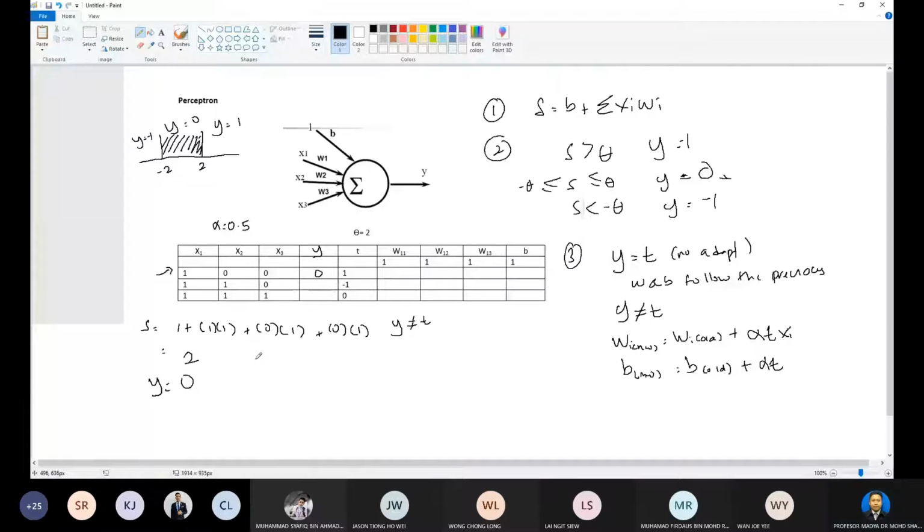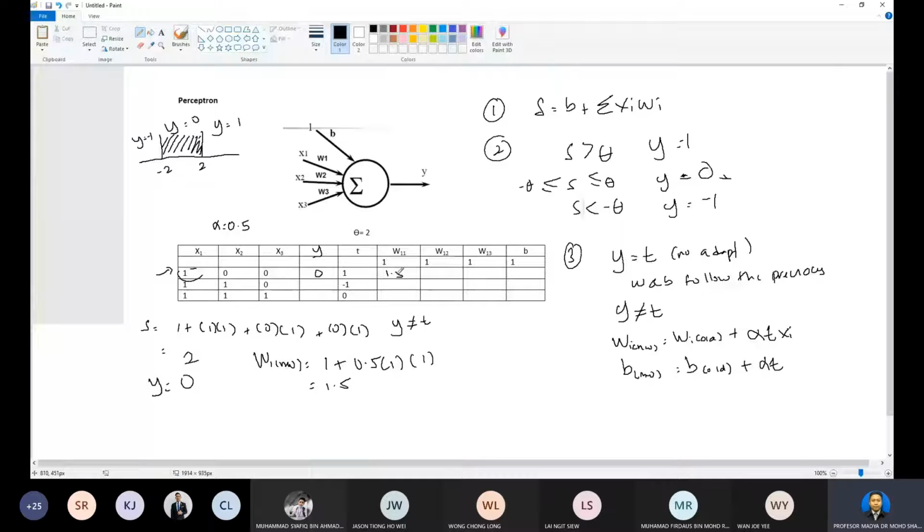Weight one old 1, plus alpha 0.5, given alpha 0.5 here, and then target is 1 multiplied by x1. X1 is 1, so it will be 1.5. So weight one will be 1.5.